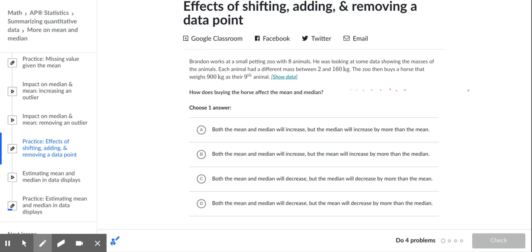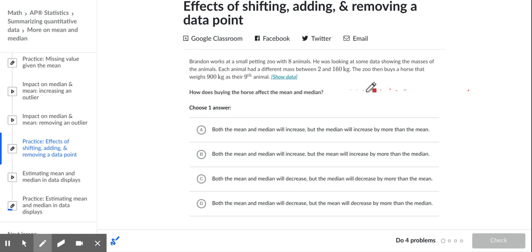So the middle number is going to be the fifth. So there are 4 below it and 4 above it. So the median is now the fifth. So it moved from being the average of the fourth and fifth to being the fifth. So to me, that looks like it didn't move by very much.